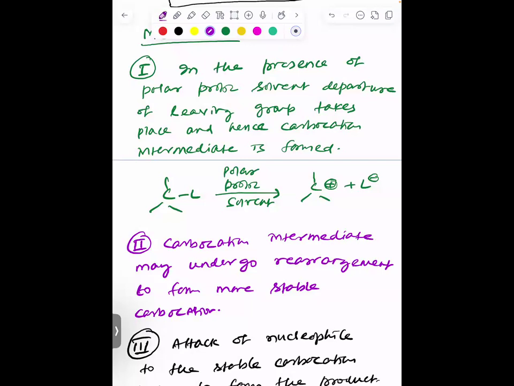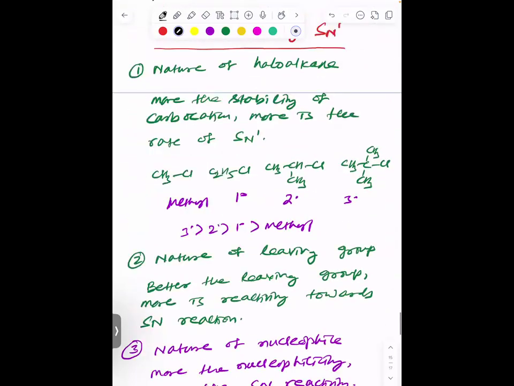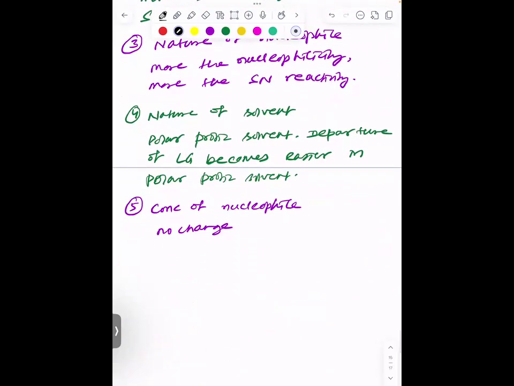Generally, bond dissociation is slow and bond formation is fast. So this is the slow step, and hence the rate determining step, RDS. Apart from the solvent, only the haloalkane is involved, so the rate of reaction depends on the haloalkane. Okay, so the fifth point is clear.